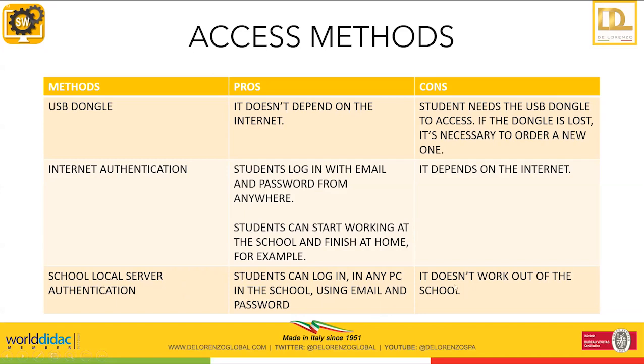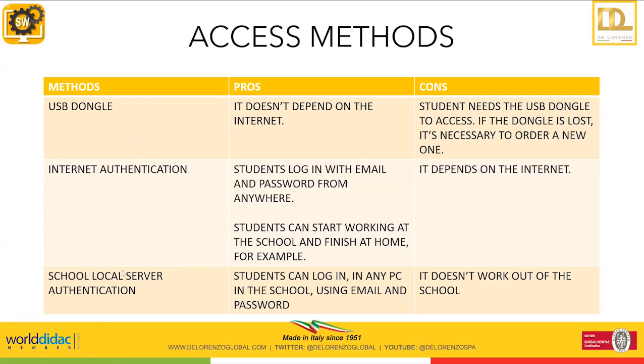The problem is it doesn't work outside the school. And of course, we can have a combination of these possibilities. You can provide USB dongles for some people, internet authentication for everyone, for example, and you can also have the local server. You can handle all this together.